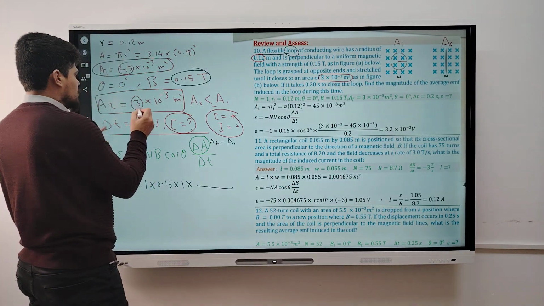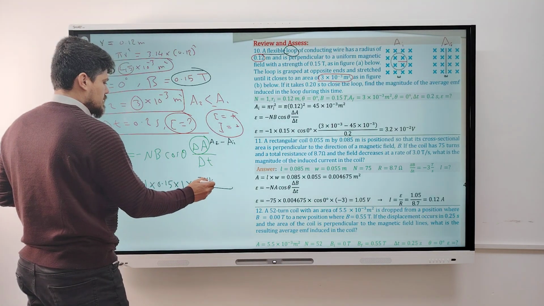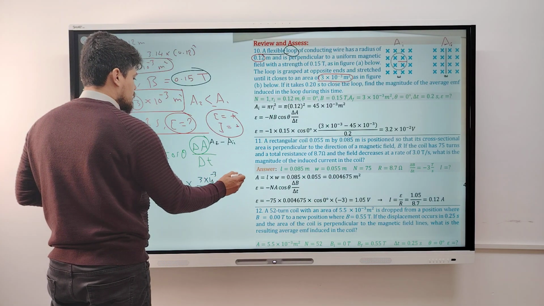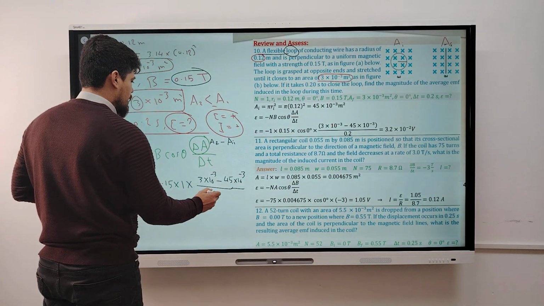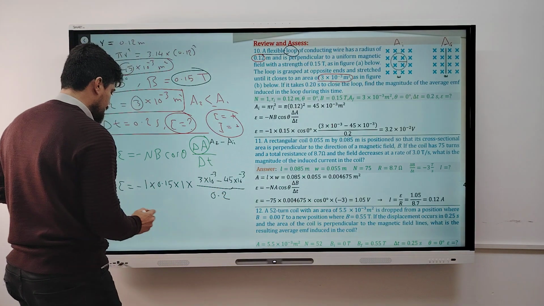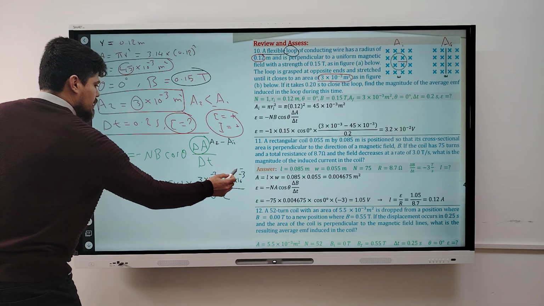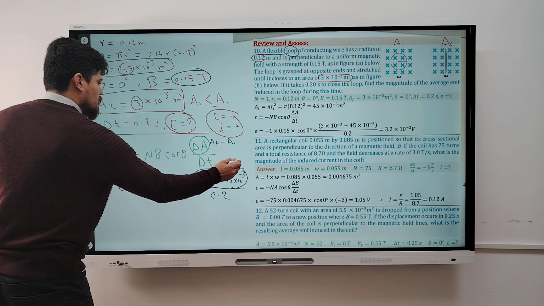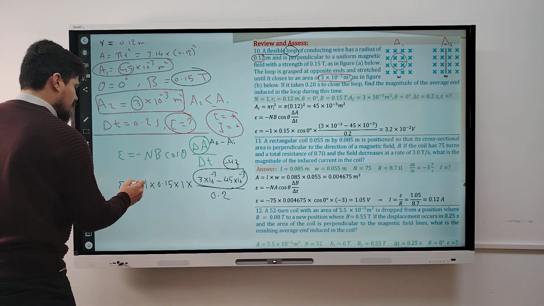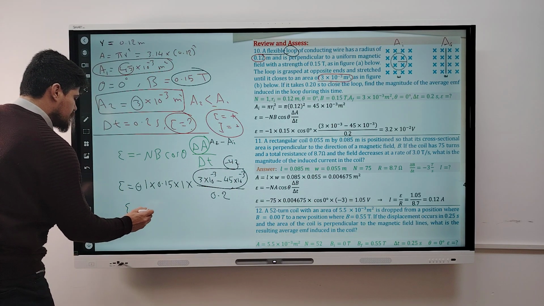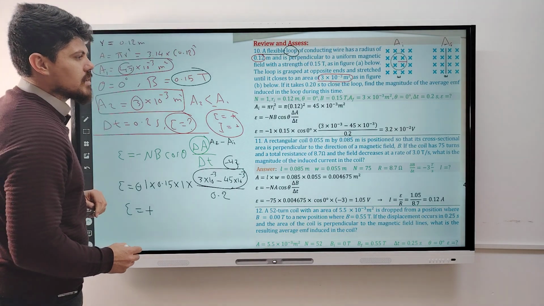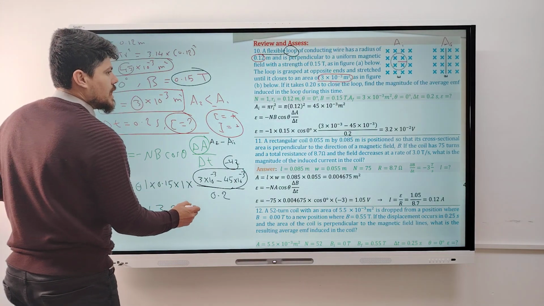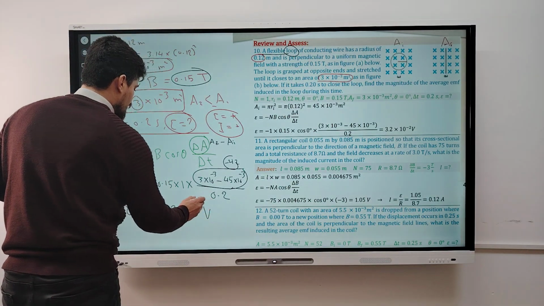A final was given, 3 times 10 power negative 3, minus 45 times 10 power negative 3, divided by the time that was given, 0.2. So 3 minus 45 is equal to negative 42, negative times negative is positive. Positive, which by calculator is equal to 3.2 times 10 power negative 2 volt.